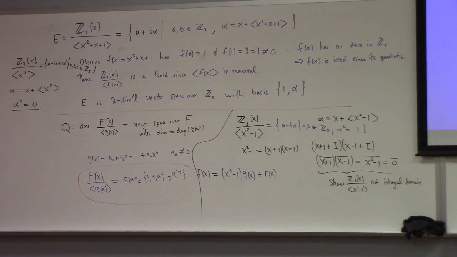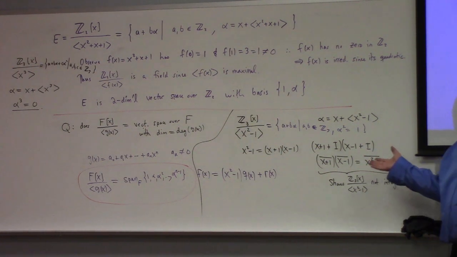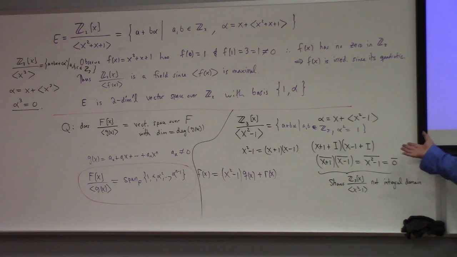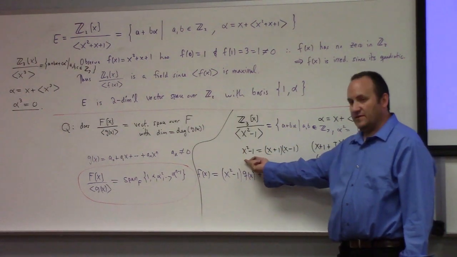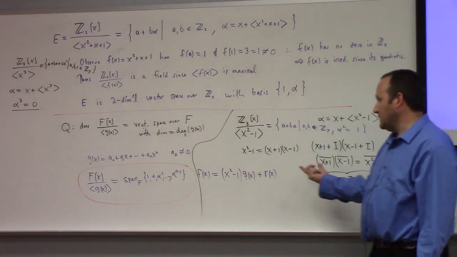So yeah, we're just looking at some examples of factor rings which are not fields. Let me get back to elaborating on the example we already talked about, Bethany. So Z3 mod x squared minus 1. We know x squared minus 1 factors, right?